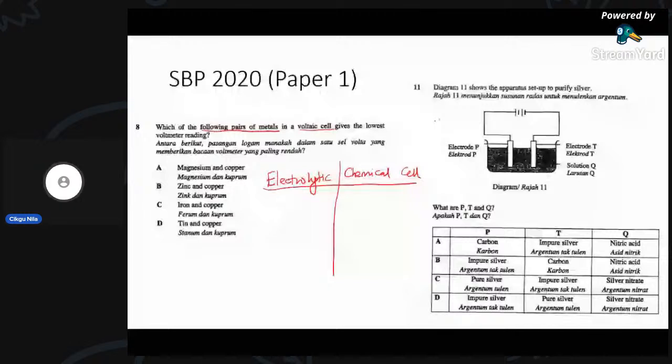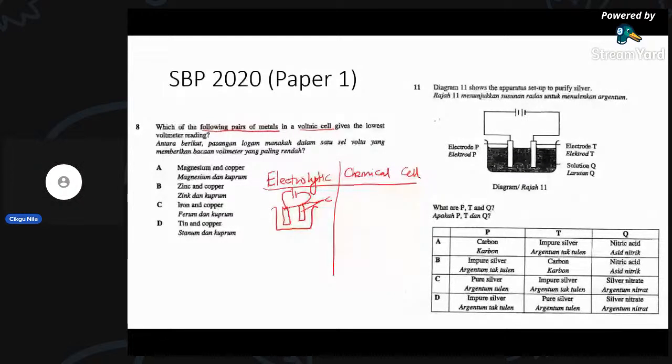For the electrolytic cell, you need to have a battery, and then you use electrodes. The electrode used is an inert electrode. Inert electrode means it doesn't take part in any of the reaction that happens in the beaker.